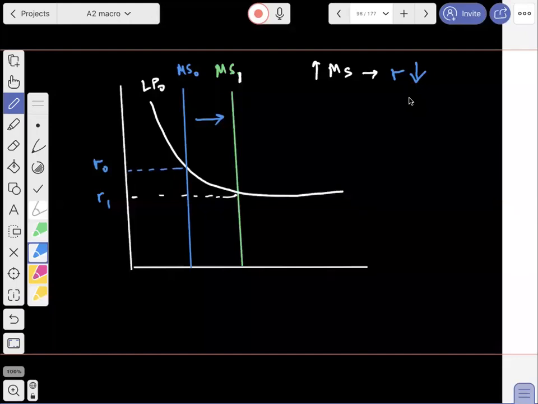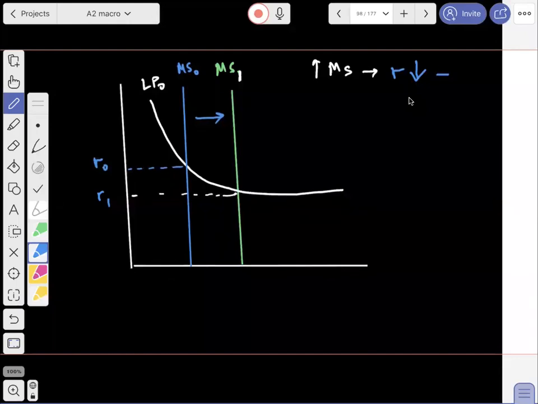And let's say government is doing this because when the interest rate goes down, they know that C will go up and I will go up, because the cost of borrowing is going down, incentive to save is going down, and therefore C goes up, I goes up. So therefore your AD goes up, and therefore your GDP goes up. This is the intention when the government increases money supply.